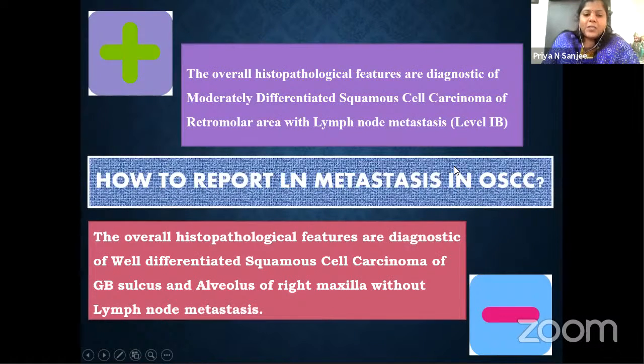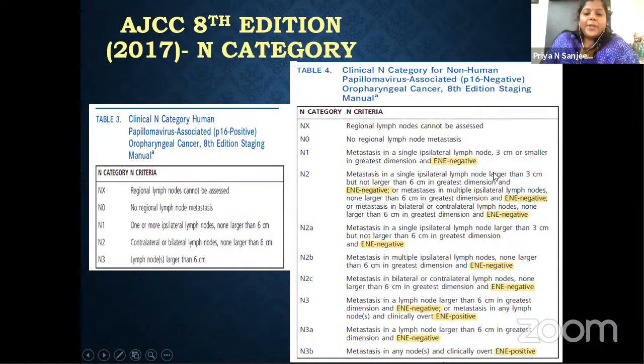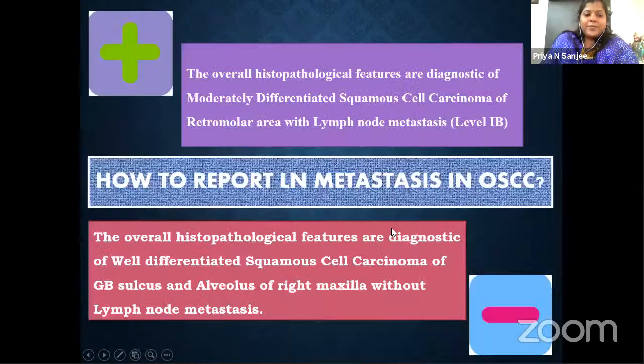And it can be in the form of micrometastasis or macrometastasis, which should be taken as ENE positive. So coming to the last part, how to report lymph node metastasis in oral squamous cell carcinoma. We have to make sure to mention the grade of differentiation, the site, and also involvement of the lymph nodes. If there is involvement, mention which group of lymph nodes are involved.